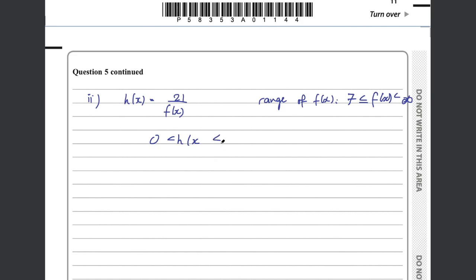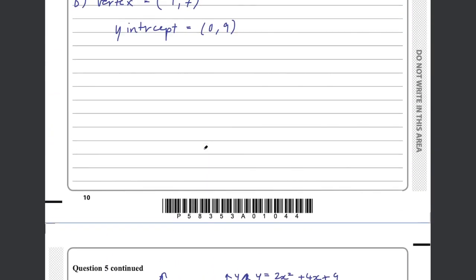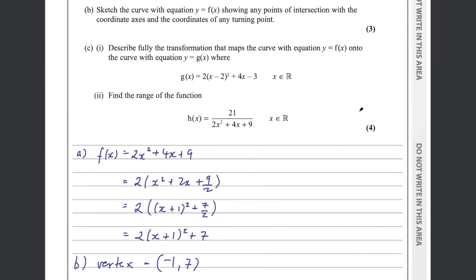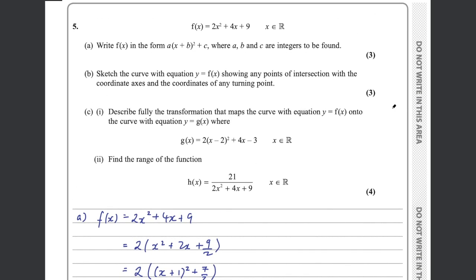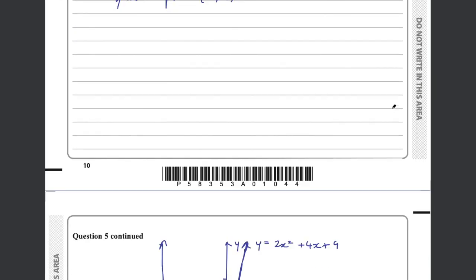And it's going to be less than or equal to, because this was greater than or equal to, 21 on 7, which is 3. Okay, so that is my range, 0 to 3. And that was for 2 marks. Part 1 was also 2 marks. Total of 10 marks for question 5.